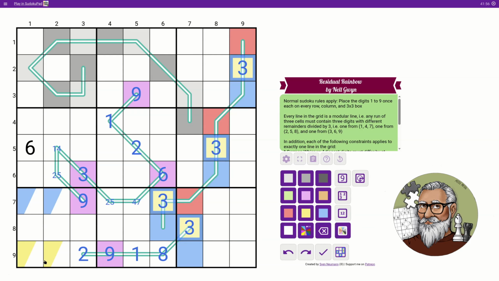I'm gonna keep the blue because I know this is confusing, but bear with me. It is confusing, isn't it?